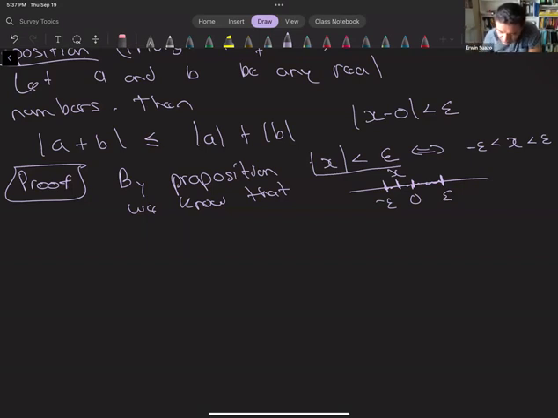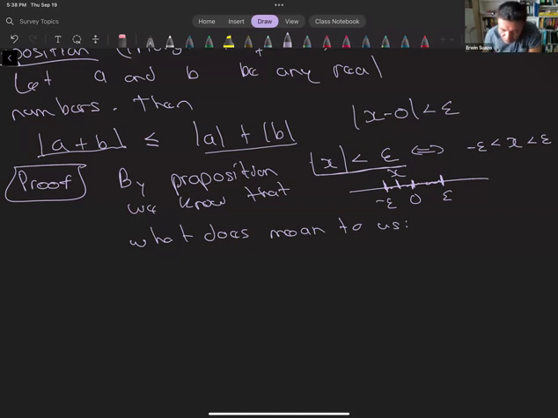So this is that, right? Now, what does it mean to us? If you compare this with this, what is your epsilon? How can you apply that statement here?